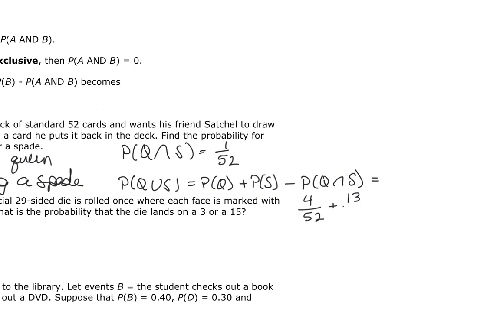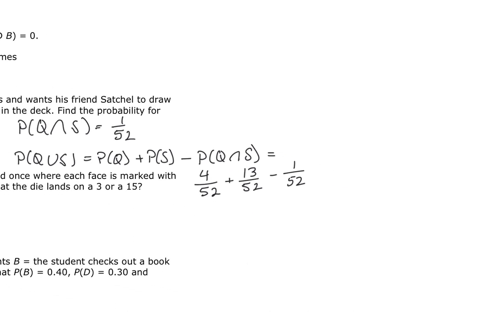There are 13 spades in the deck of 52 cards, and there is one out of 52 cards that is both a queen and a spade, that's their intersection. So the answer for this one is simply 16 out of 52, 4 plus 13 minus 1, or 0.3077. So in other words, we have a 30.8% chance of picking a queen or a spade.